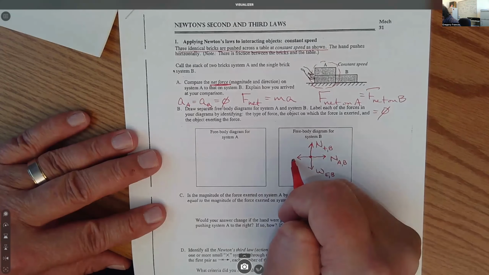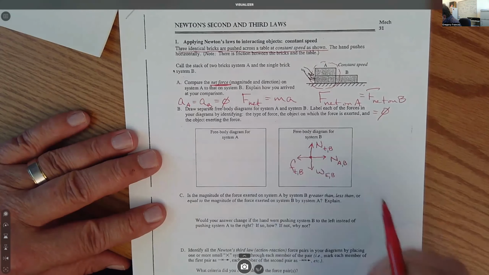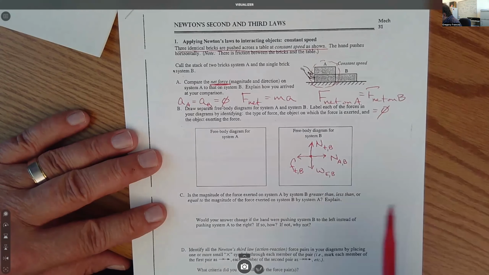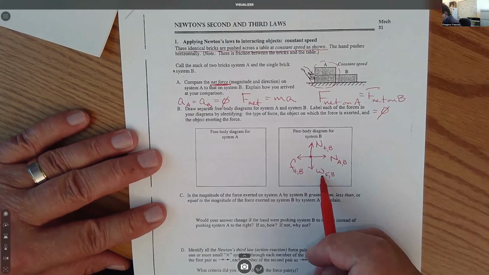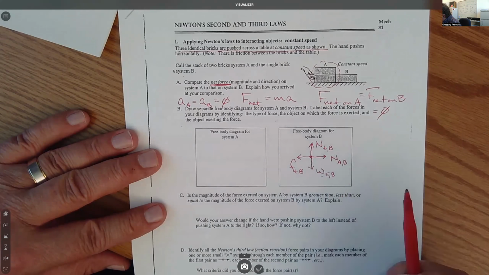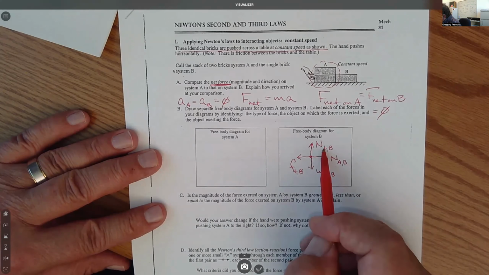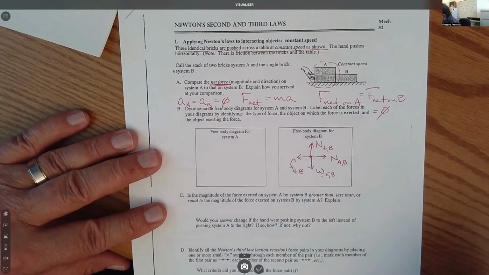And so that's going to be a friction force by the table on B. Now I'm sure that I've got the right free body diagram because I followed the recipe. I started with the weight force, I looked for any magnetic forces, and then I made a list of the things that touch B. Well, A touches B, and I took care of that, and the table touches B, and I took care of that.